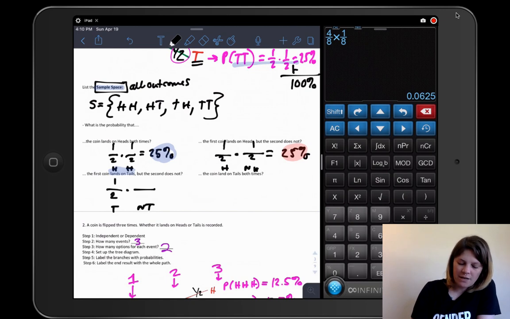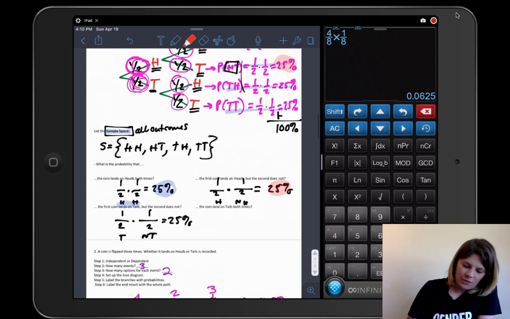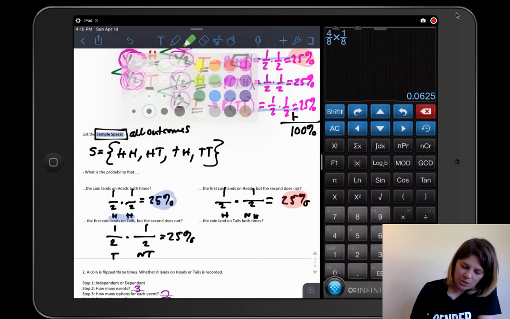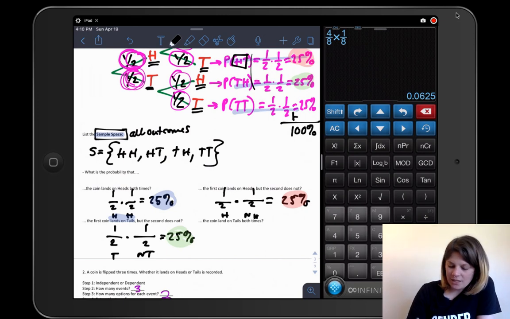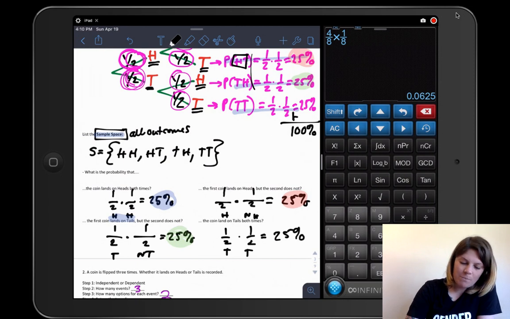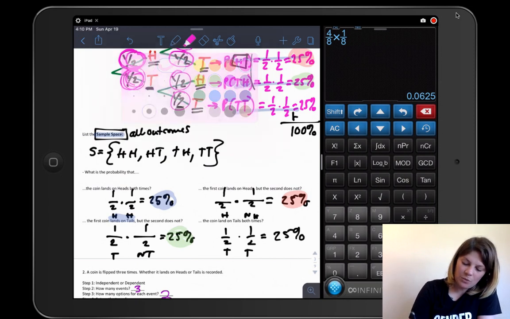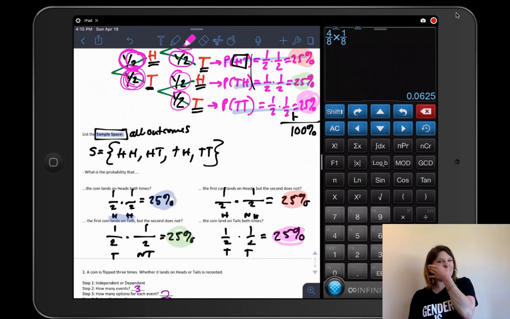So this is 1/2, and then not tails is heads, so it's 1/2, and that's 25%. And again, if we wanted to connect this back to our tree diagram, we would see that this 25% is there. And then finally, the coin lands on tails both times. We have tails, tails, that's 1/2 times 1/2, and that would be 25% as well. And that corresponds to the final part of our tree diagram.